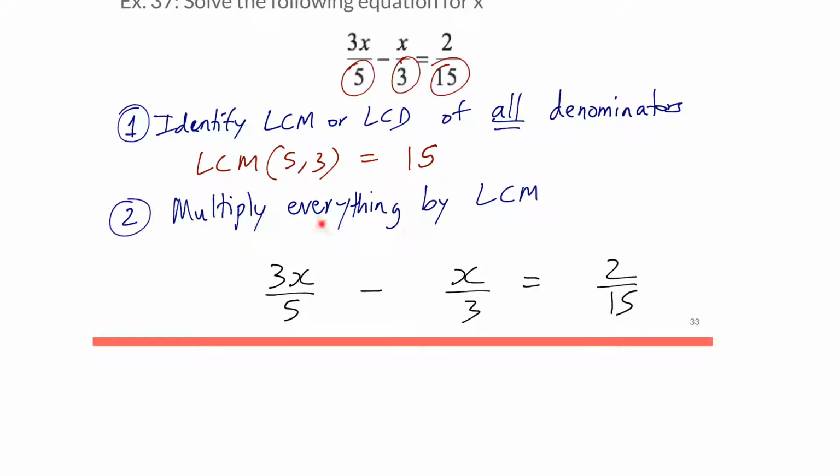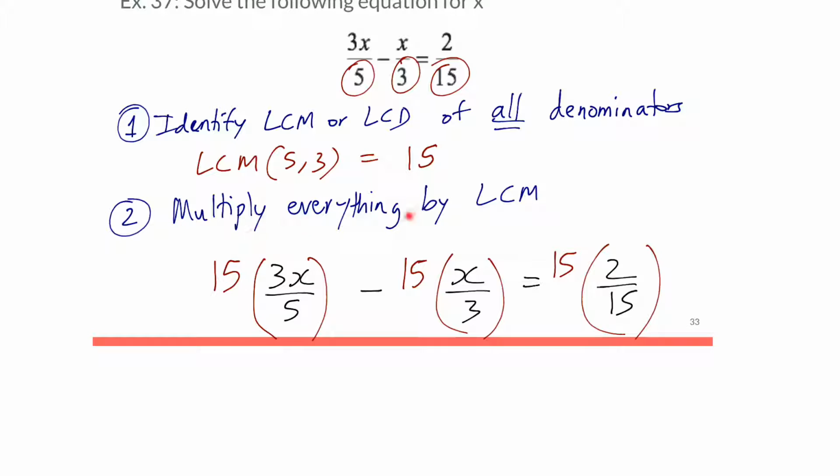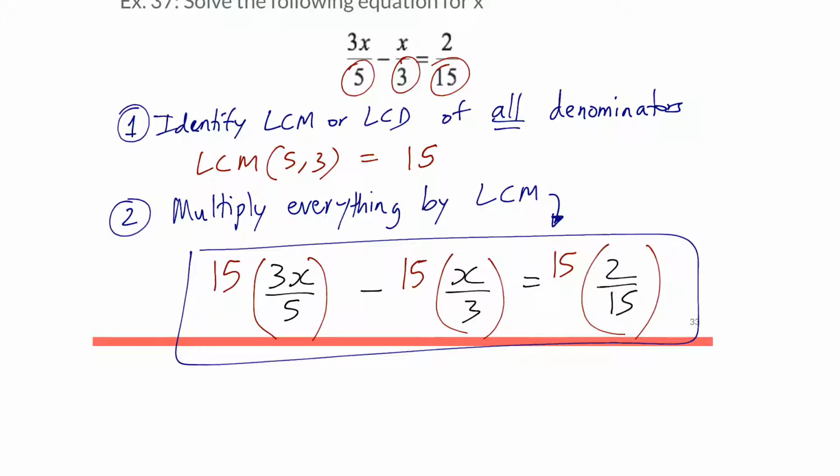And what step number 2 really means is to rewrite this as first fraction multiplied by 15 at the top, second fraction multiplied by 15 at the top, this fraction multiplied by 15 at the top. Even if you didn't have a fraction, whatever number you have, multiplied by 15 at the top. That's what the second step means. As shown below.